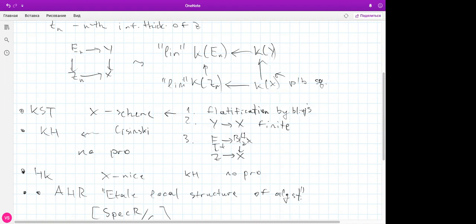I was trying to write L, like left derived, but I don't know what the right notation for this is. So this is basically a version of blowup. It satisfies a similar universal property, but in the world of derived schemes, not just in the world of classical schemes.